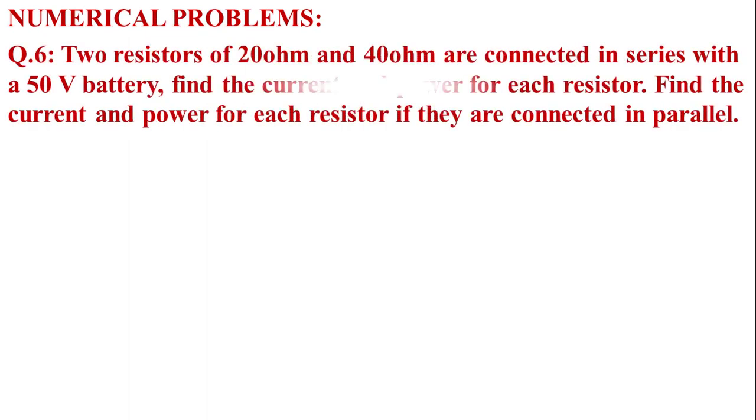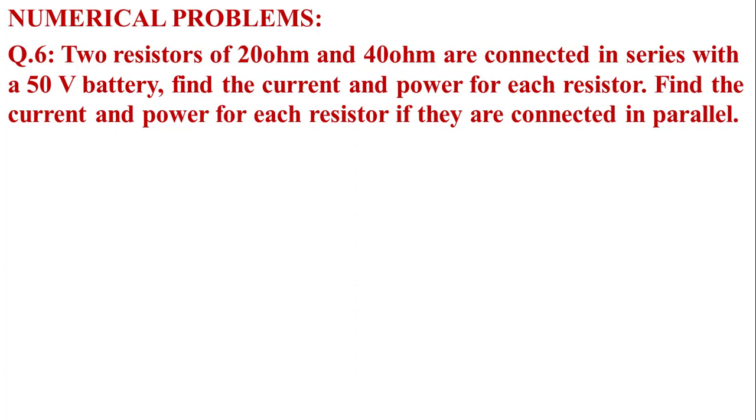In question number 6, the given statement is: two resistors of 20 ohm and 40 ohm are connected in series with a battery of 50 volt. Find the current and power of each resistor, and find the current and power of each resistor when they are connected in parallel.